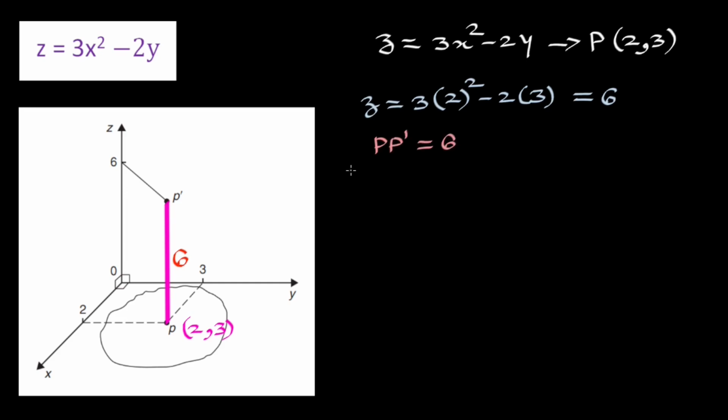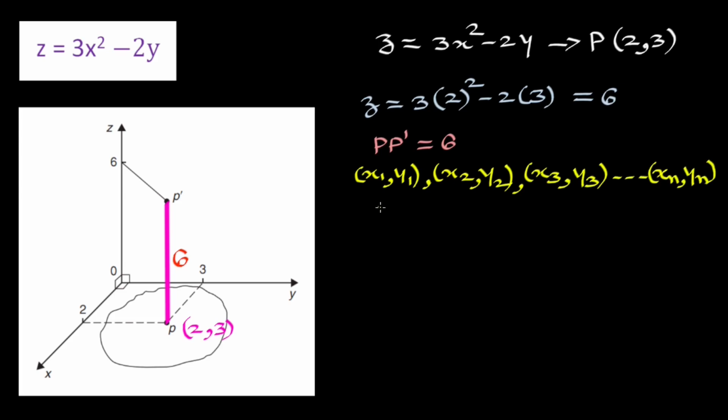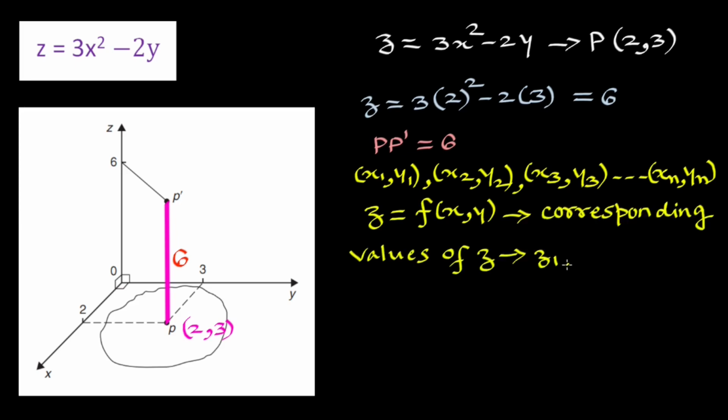When a large number of such points (x1,y1), (x2,y2), (x3,y3), and so on up to (xn,yn) are taken for z equals f(x,y), then corresponding values of z, z1, z2, z3, etc., zn can be calculated for each.